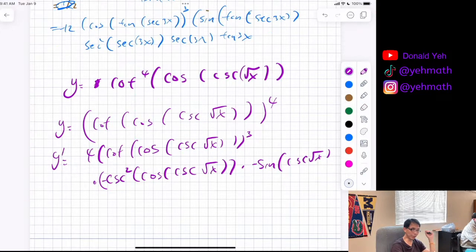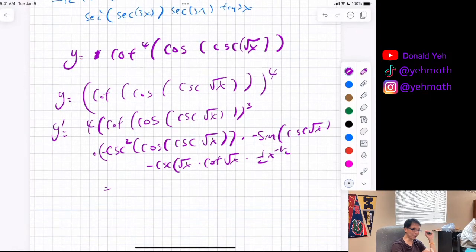And now multiply by the derivative of cosecant square root x, so it'll be negative CSC of square root x times COT of square root x times 1/2 x to the negative 1/2. If I really want to simplify everything, I keep 3 negative signs: negative, negative, negative.